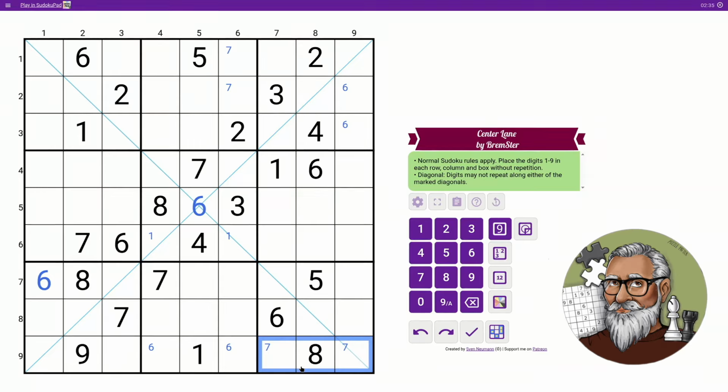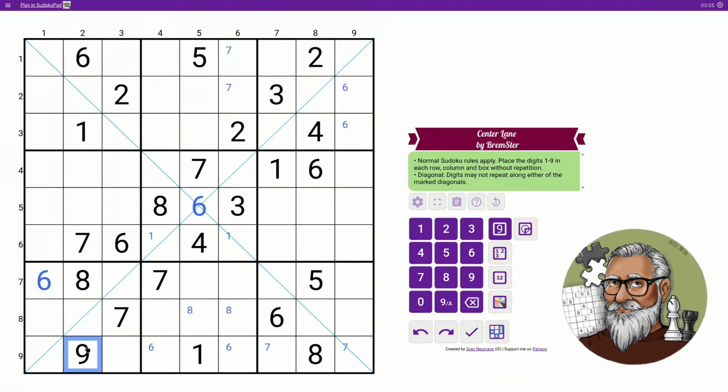It will pencil mark the others. 8, 8, 8. Anything else that we can do in 8? Of course, in box number 8, these can't be 8 because of the 8s in rows 7 and 9 and column number 4. So one of these has to be an 8. That looks like that's it for 8.